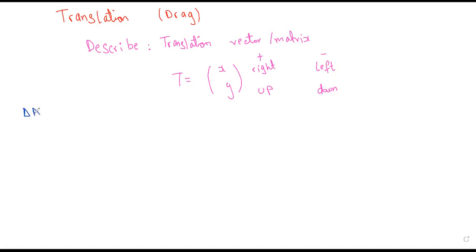So, triangle A maps onto triangle B after a translation of -3, 2. This is the vector.